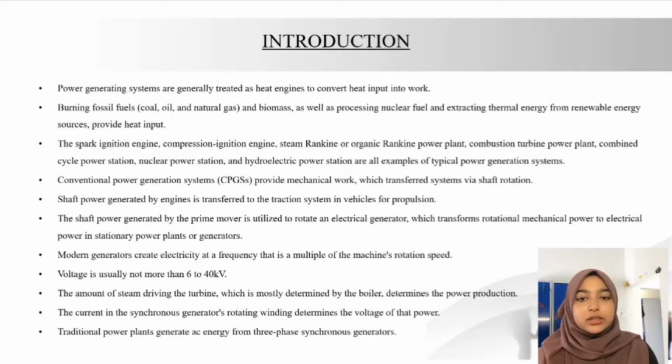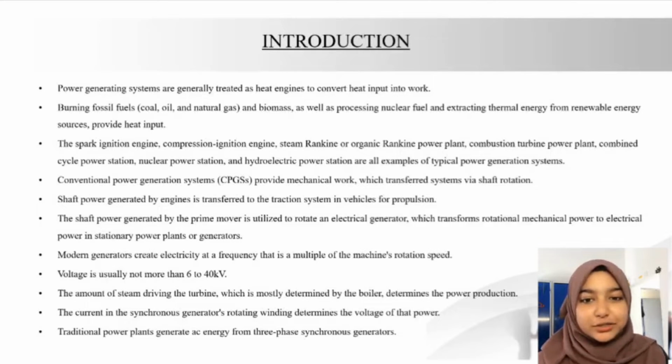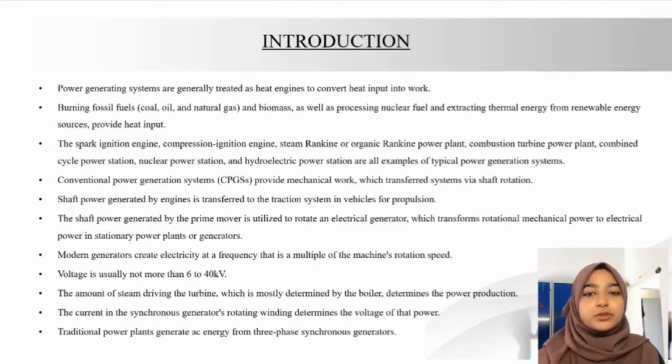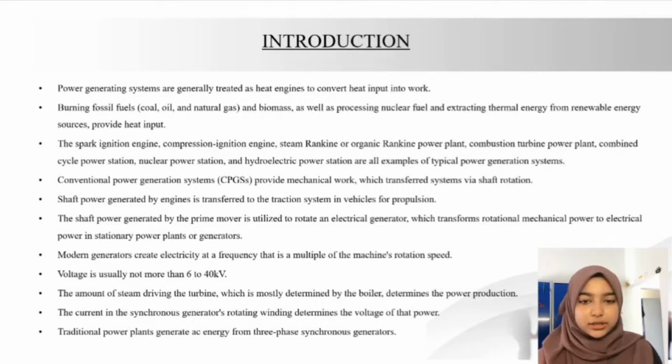In general, conventional power stations comprise multiple generating units which are designed to operate at their nominal load when they function optimally. Conventional power generation systems produce electricity at a frequency that is a multiple of the rotation speed of the machine.